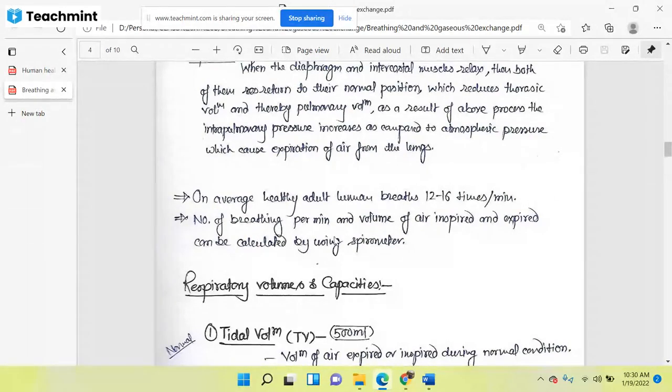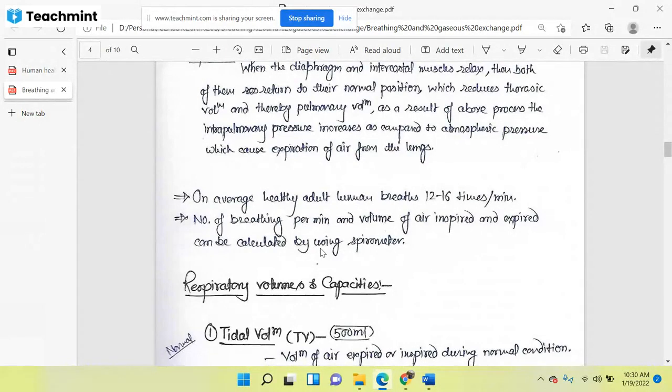A respirometer is an instrument also used in COVID conditions. The same instrument we use to count the inspiration and expiration process. When COVID happens, you know that it affects the lungs. Due to the infection in the lungs, proper inspiration and expiration is not taking place. And by this respirometer, not only does it count the number of inspirations and expirations per minute, it also measures the volume of air inspired and expired.